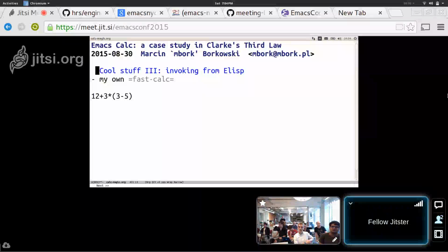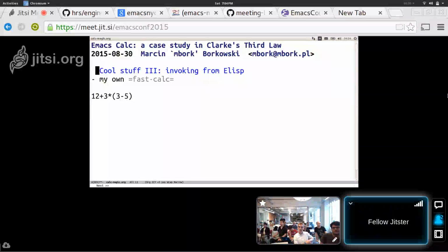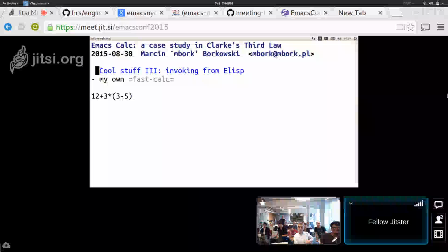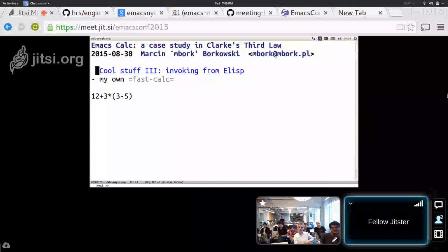Maybe I will look into some more advanced ledger stuff. I think Sacha posted something about ledger a few months ago, and I marked it as to read or to study or something like that. But maybe I'll come to it someday. Now I just use the simplest possible stuff.